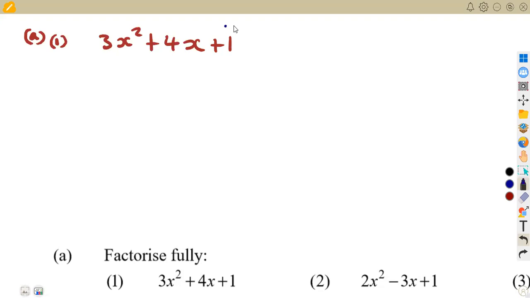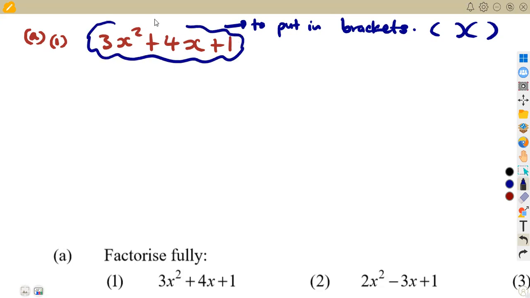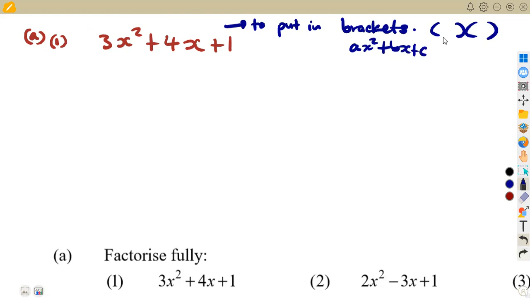So whatever you do in this case must end up in brackets. Whenever we are dealing with a trinomial of this nature, ax squared plus bx plus c, we end up with 2 brackets of this nature.